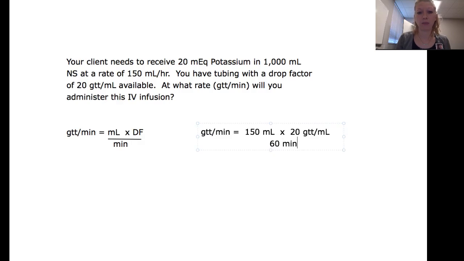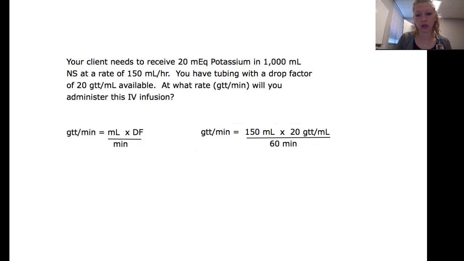So that's the time that I'm going to put in. So in this case, I just use that rate. So it sometimes can look a little bit different, but you're always going to pull out the amount of milliliters that's associated with an amount of time in order to solve. When we do this, 150 times 20 divided by 60, we're going to get a drops per minute rate of 50.